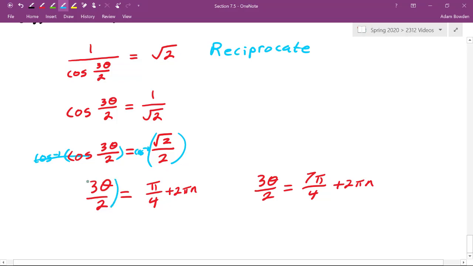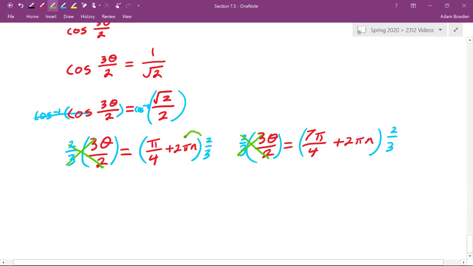So what I'm going to do here is multiply both sides by 2 over 3 on both of our answers that we have here. By multiplying by 2 over 3, I'm canceling out the fraction here. Okay, and this 2 pi over 3 will distribute to both of these.